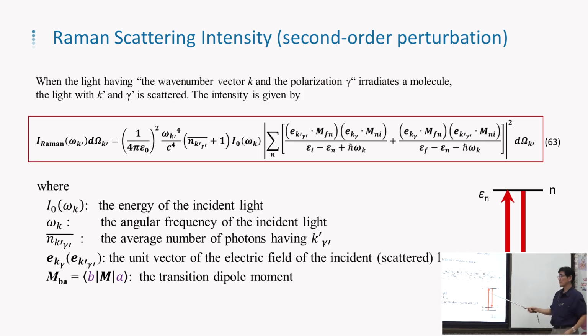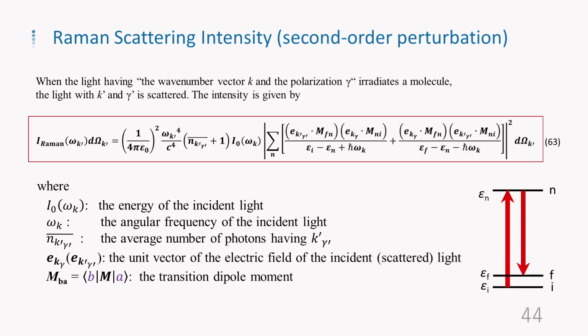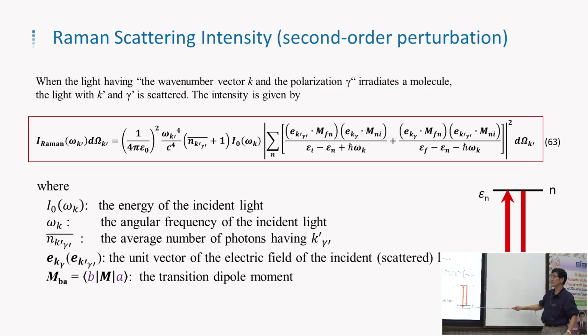So the Raman intensity has a non-zero value when the transition moment from I to N, M_NI, and the transition moment from N to F, M_FN, are both non-zero. It should be an allowed transition.